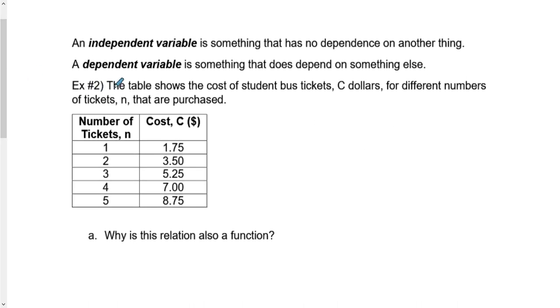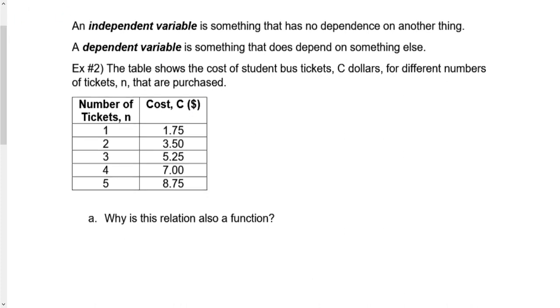So our second example says that the table shows the cost of student bus tickets, C dollars, for different numbers of tickets that are purchased. So the number of tickets, 1, 2, 3, 4, 5, related to the cost: $1.75, $3.50, $5.25, $7, and $8.75. So this is a relation. Why is this relation also a function?